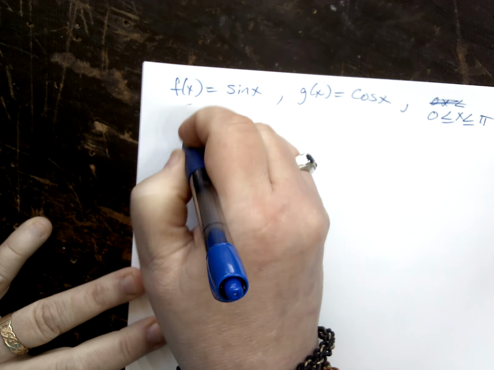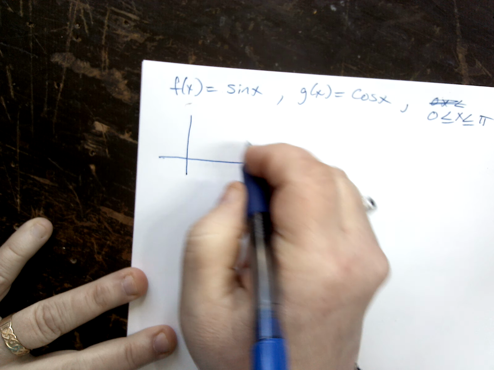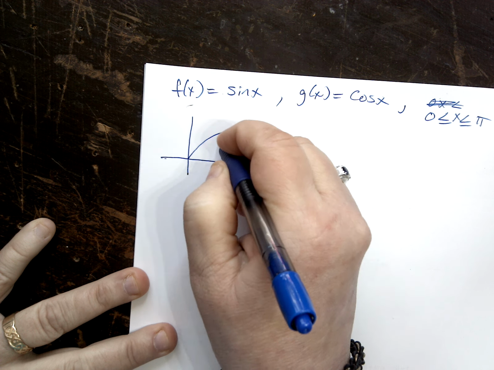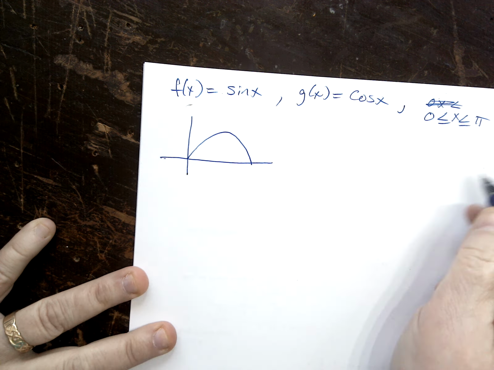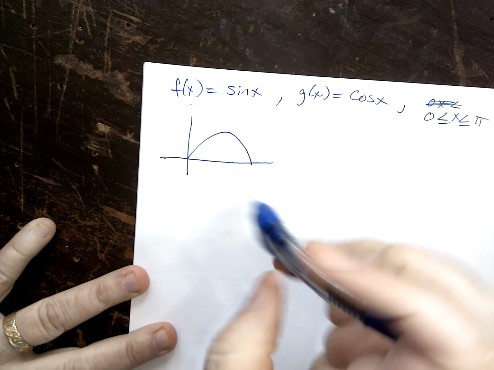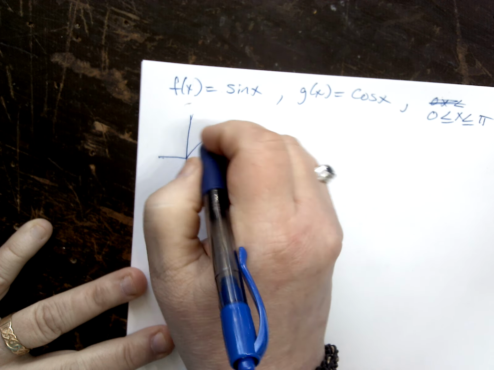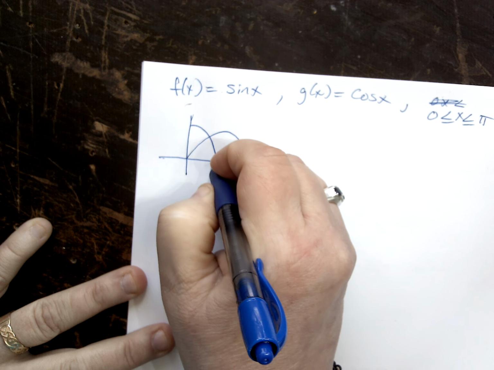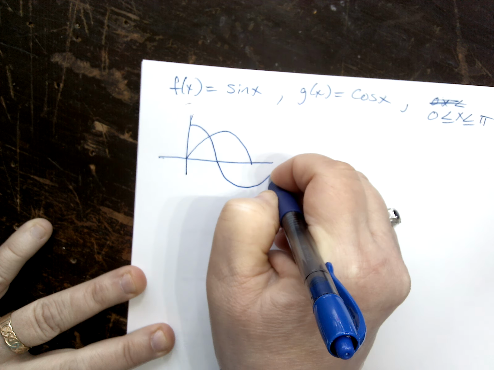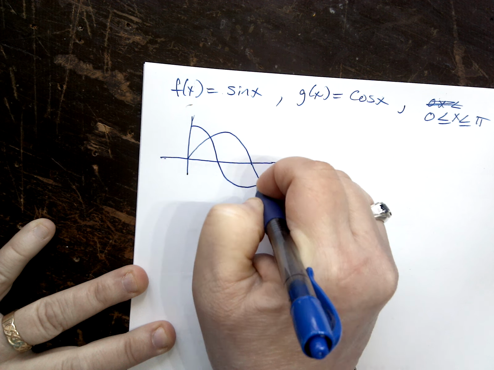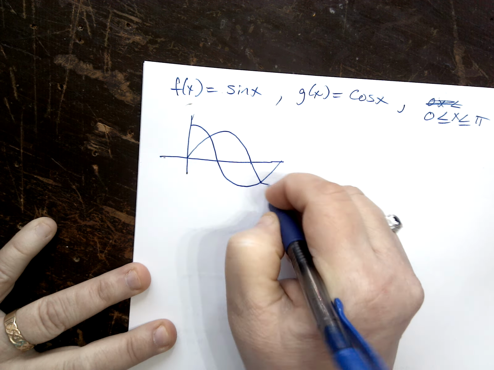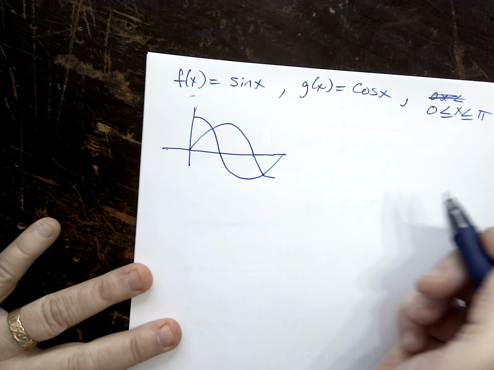So let's draw this. That's your sine wave between 0 and pi. And your cosine wave, oh, that goes under the axis, so I can't do the rotation. But we can do arc length, or the perimeter.